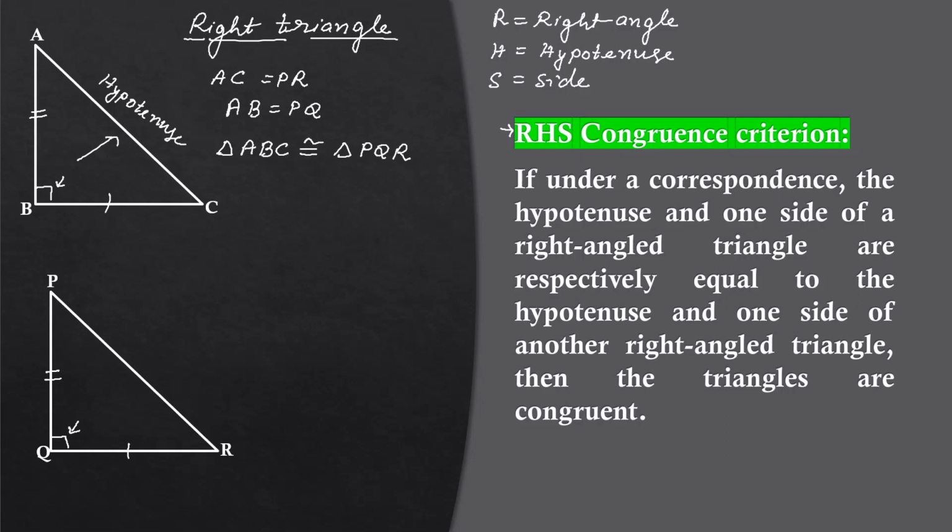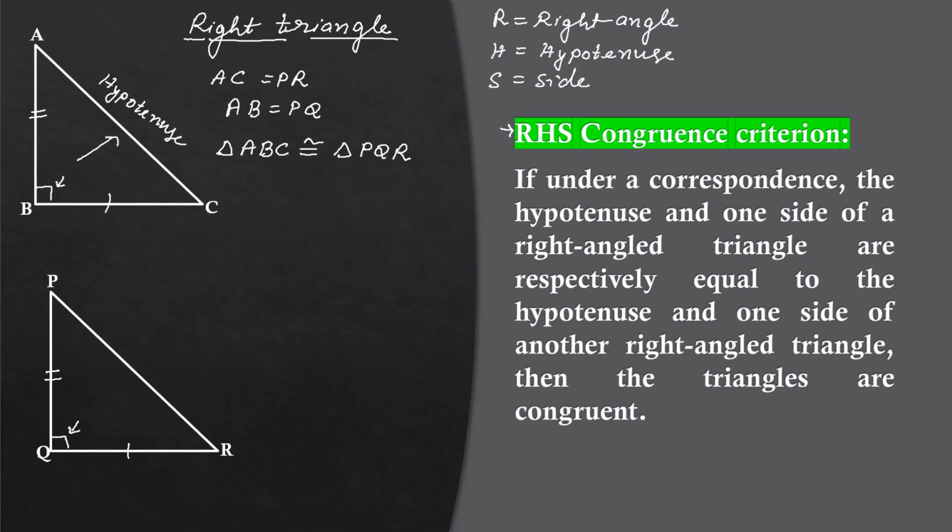it is not necessary that for a pair of right angle triangles we can always have the RHS. We can apply the other congruence criteria also for a right angle triangle, like SAS, SSS, ASA, depending upon what are the things known to us for those pair of right angle triangles, but we cannot apply RHS congruence criteria to any triangle other than right angle triangle.